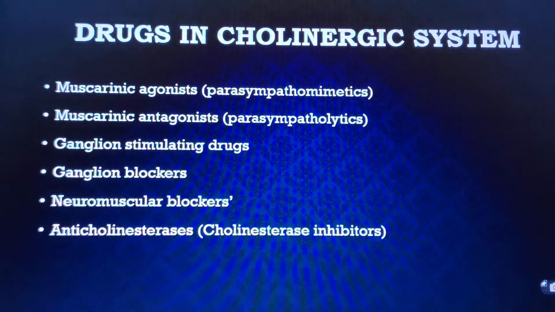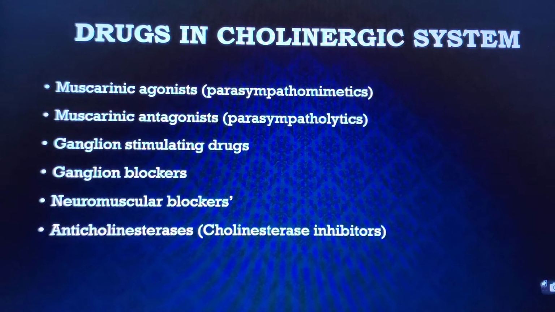Now coming to the drugs in the cholinergic system, broadly speaking, there are 5 or 6 categories of drugs which can work on the cholinergic or parasympathetic system. These are muscarinic agonists, which are also known as parasympathomimetics. There are muscarinic antagonists, which are also known as parasympatholytics.